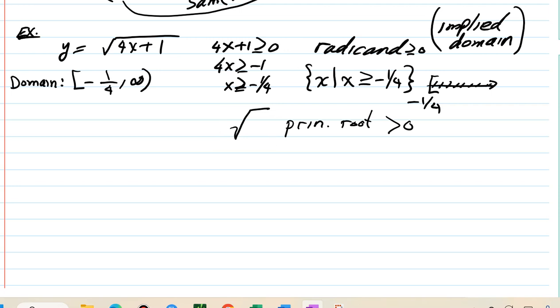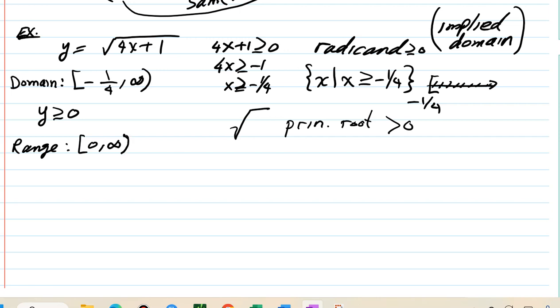So y would be greater than or equal to 0. At -1/4, it assumes its lowest value, and thereafter it gets larger values. Therefore, our range is going to be from 0 to infinity.